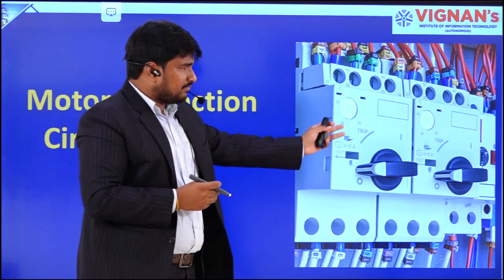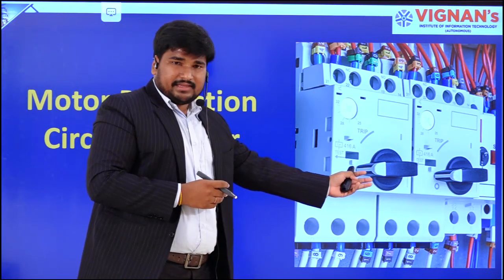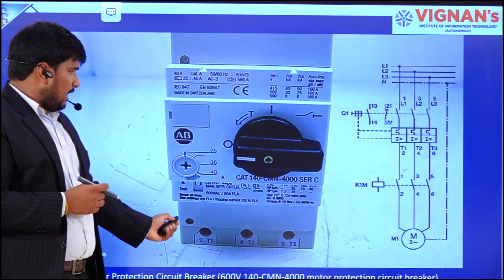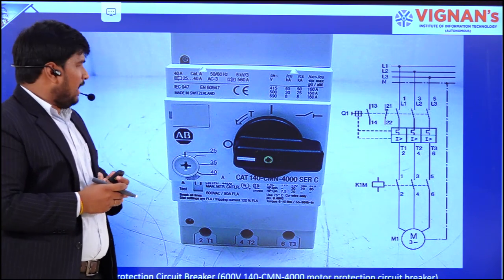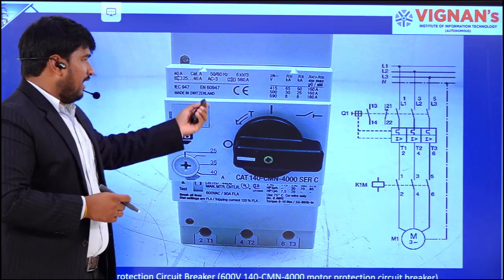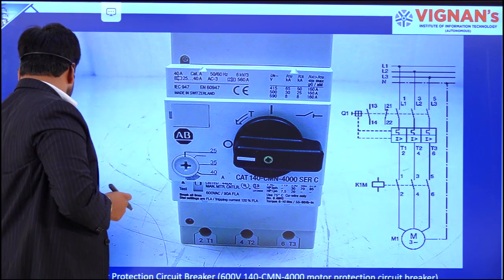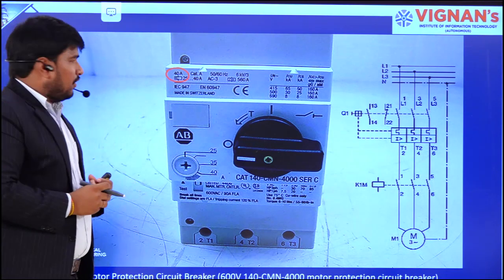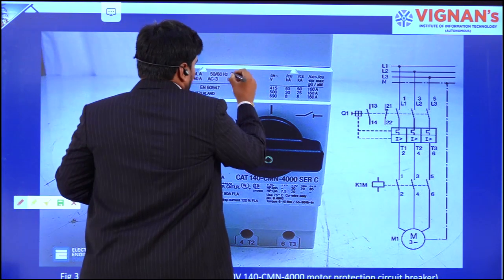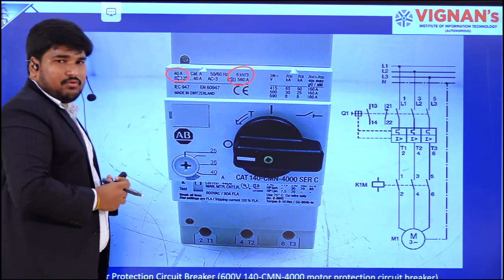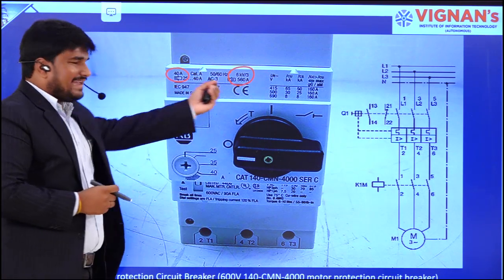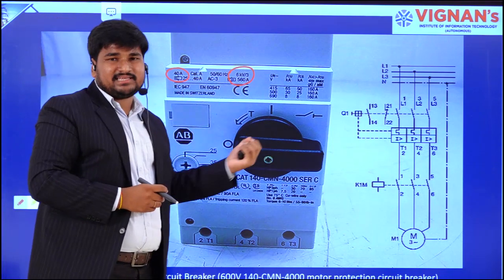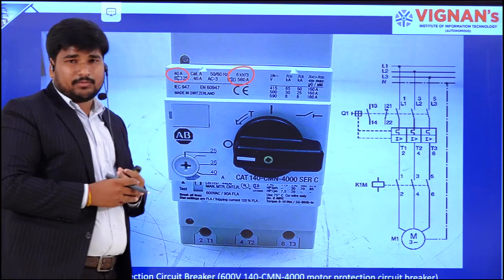If you observe this diagram, these are MPCBs for industrial purposes. Observe here, we have current settings and we have voltage settings as well. That indicates the overloading possibilities in case of motor protection circuit breaker.